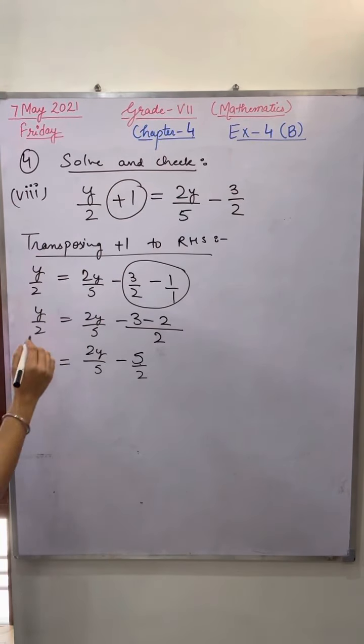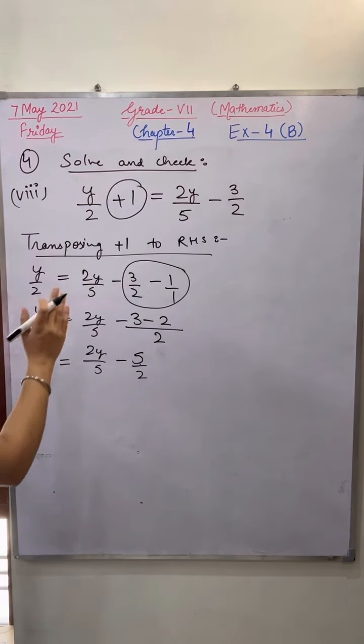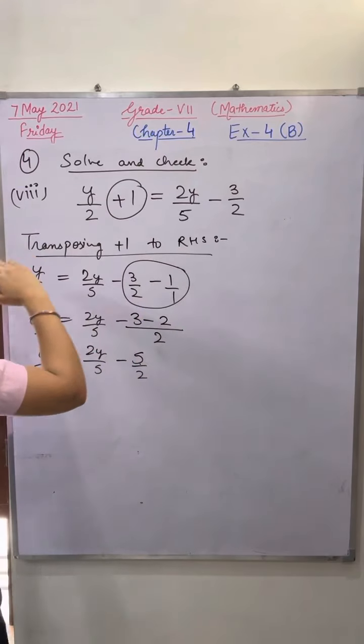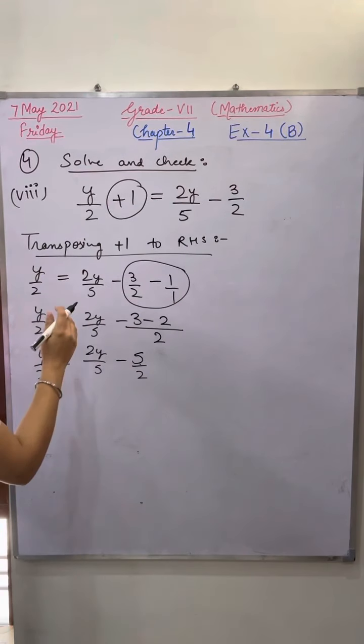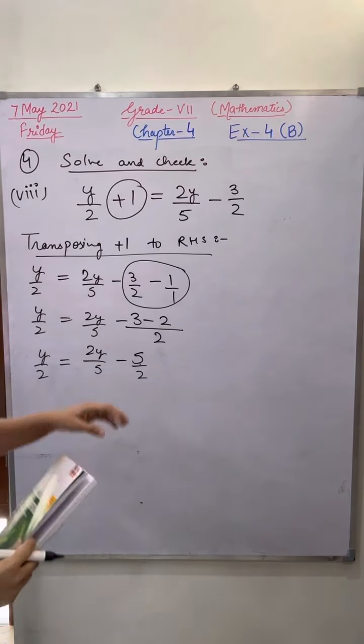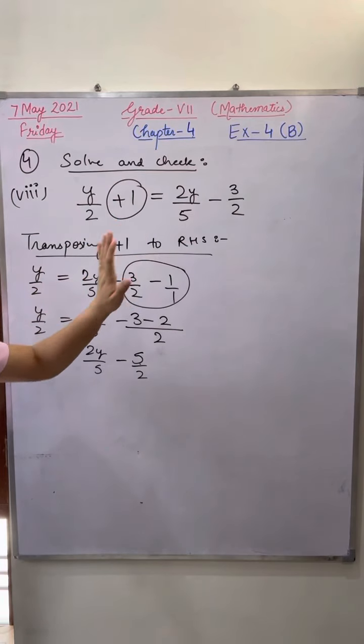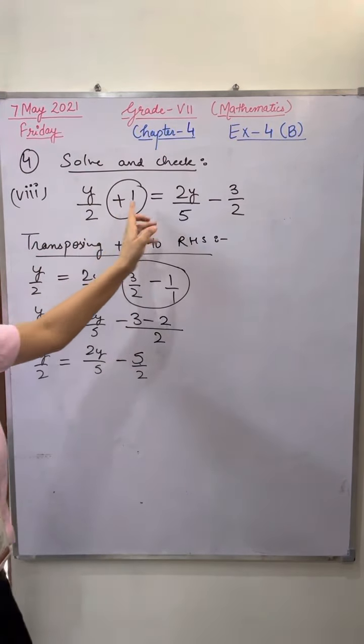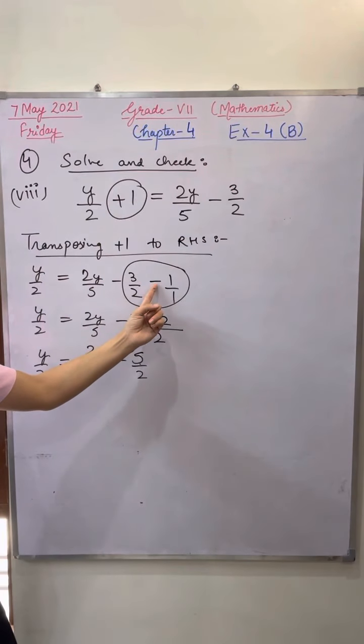Now you have to shift the variable to the left hand side. These are the rules only to solve the question. You have to shift constants to the right hand side and variables to the left hand side. Now, Ananya, I have shifted this constant value to the right hand side. When I shift this +1 to the right hand side, it will become -1.